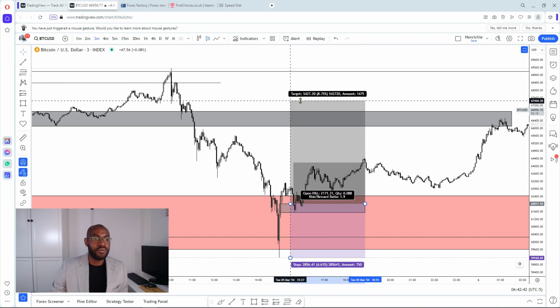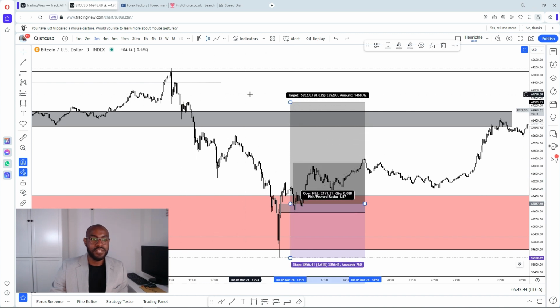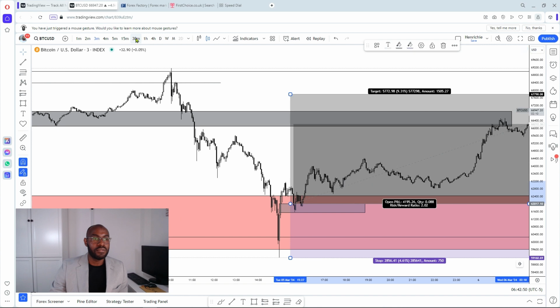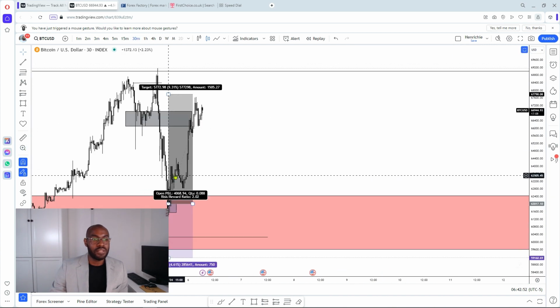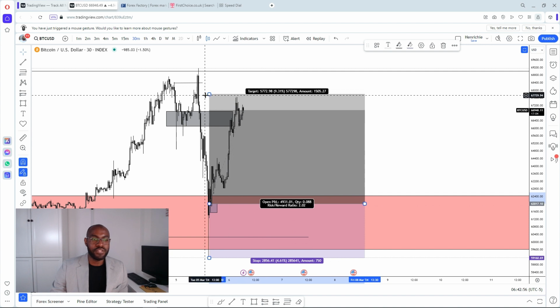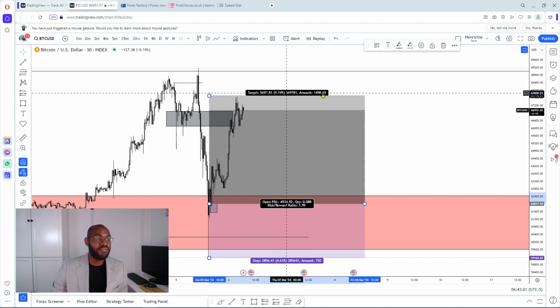You can look for low hanging fruit inefficiency, 1:2 risk to reward ratio. And so far, you can see price is basically very close to the take profit position. So this is one way to use inverted fair value gap in trading.